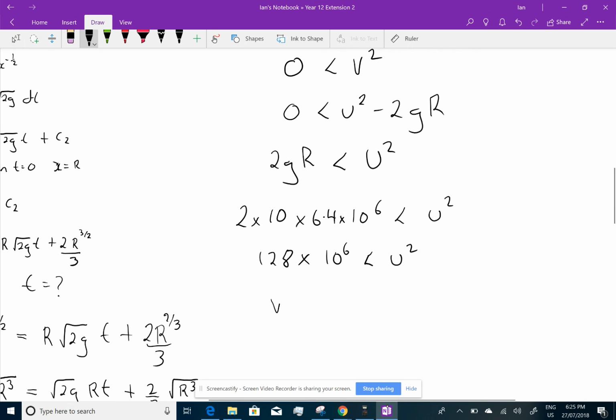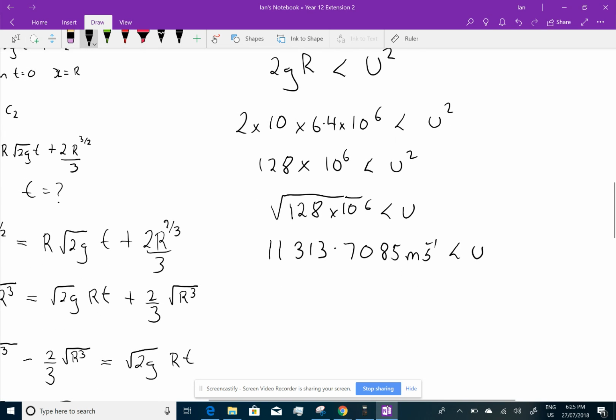If I square root that, and I'm only taking the positive, u's got to be greater than that. That is 11313.7085 meters per second, which is 11.3137085 kilometers per second.